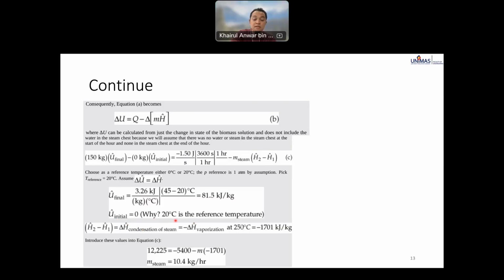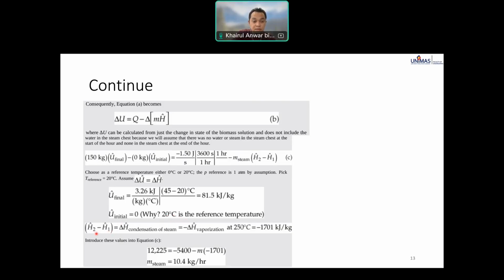This is referred to the process vessel because the biomass solution and the steam chest are not mixed.